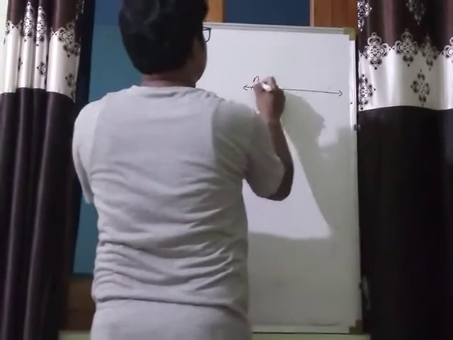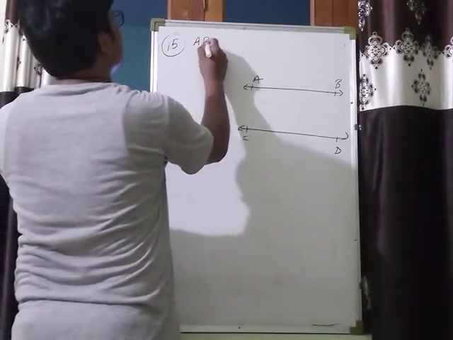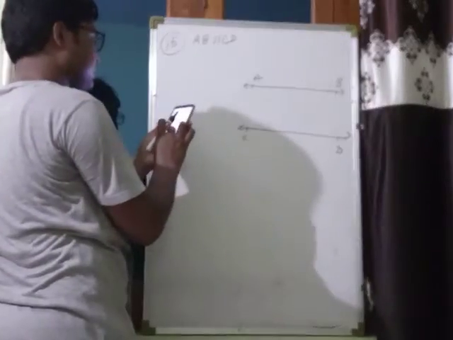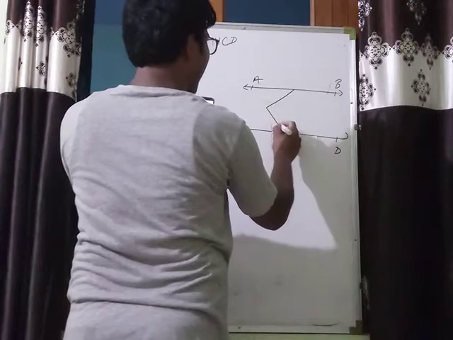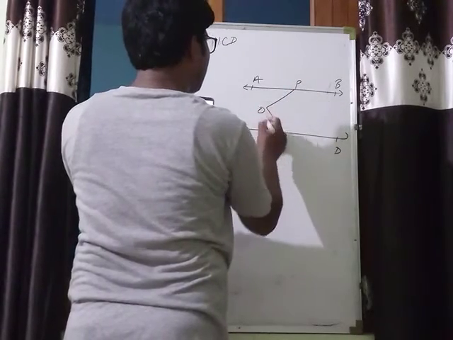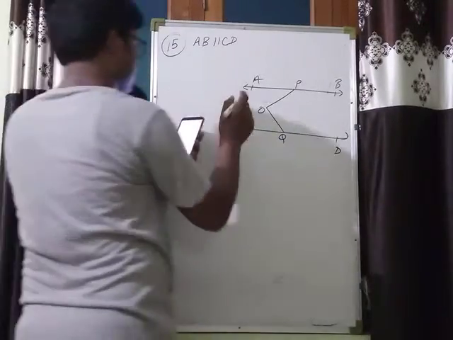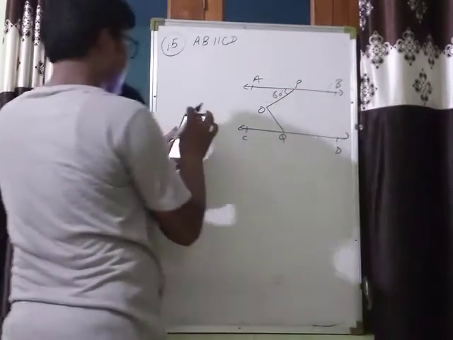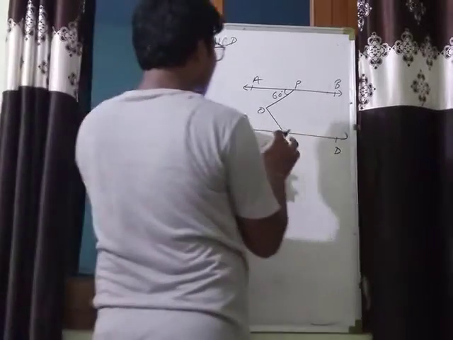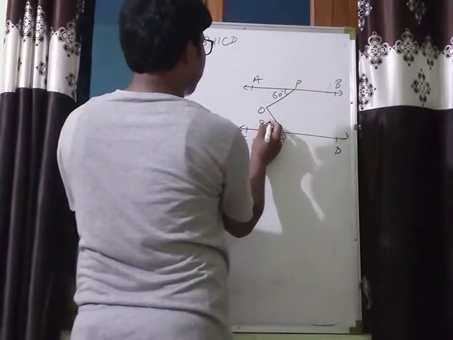This is AB and that is CD. It is given that AB is parallel to CD and this is POQ. Angle APO is 60 degrees, and angle CQO, this one, is 80 degrees.